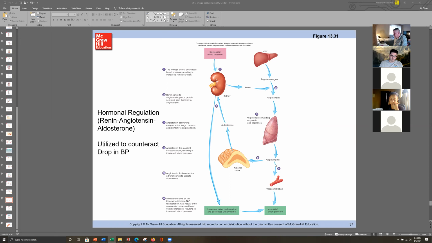Angiotensin 2 can then cause vasoconstriction, help increase blood pressure, and also stimulate the adrenal cortex to release aldosterone, which triggers the reabsorption of water in the kidneys to decrease urine volume, or increase urine concentration, right? So if we're dehydrated and have a drop in blood pressure, we can use this pathway to retain water in our kidneys so that we don't dehydrate ourselves even further.